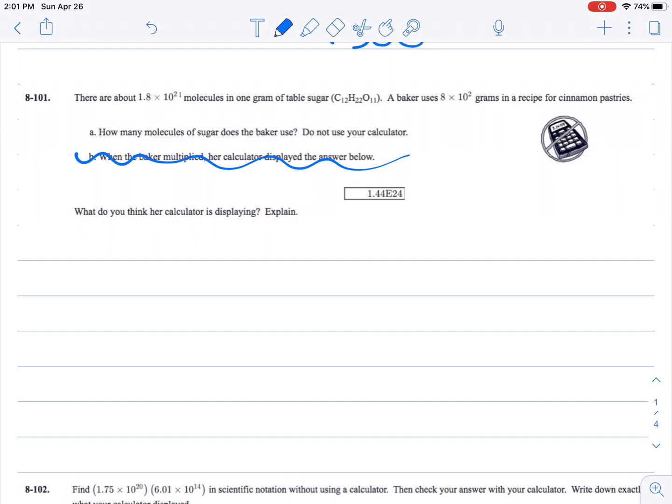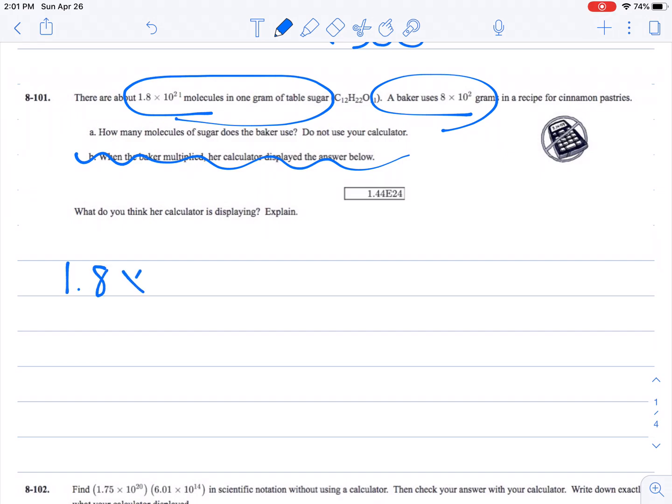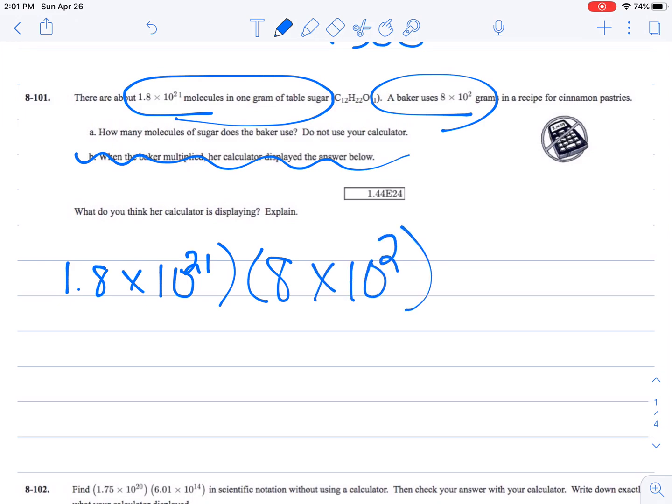So if this is the amount in 1 gram, and this is how many grams she uses, we're going to be multiplying. So 1.8 times 10 to the 21st power times 8 times 10 to the second.